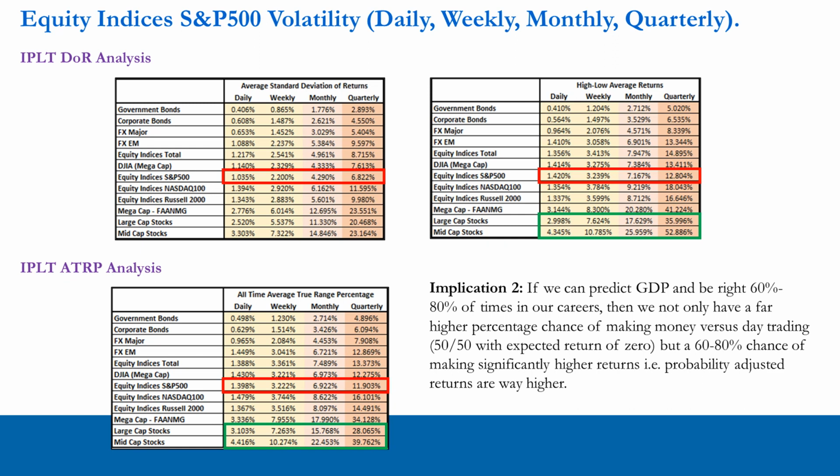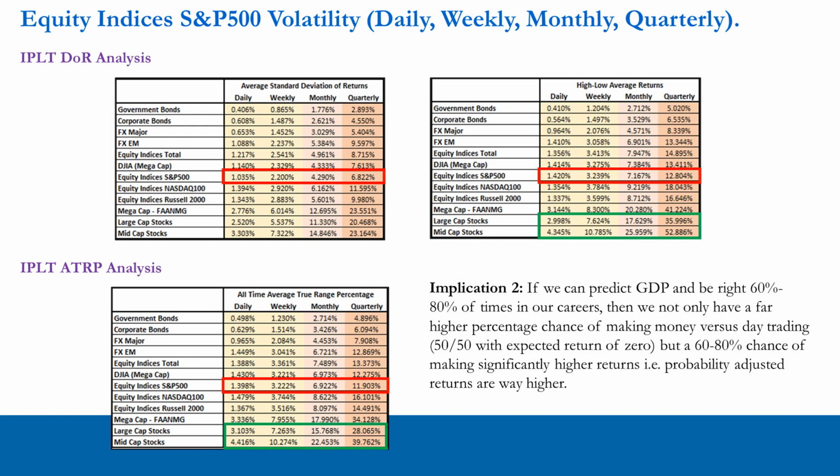So we have another implication here, another strong implication when thinking about this in the context of predicting GDP. So if we can predict GDP and be right 60 to 80% of times in our careers, then we're not only getting a far higher percentage chance of making money versus, say, day trading, which gives us the 50-50 expected return of zero, but we're getting a 60 to 80% chance of making significantly higher returns.